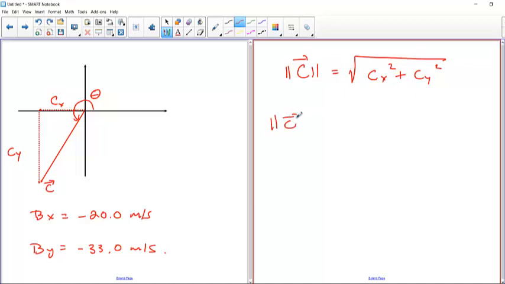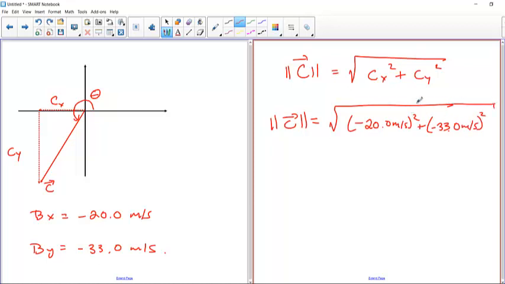So to find the magnitude of this vector, we just take the square root of the components. So you get negative 20 quantity squared plus C sub y, which is negative 33 meters per second, quantity squared. And because we're squaring it, we're going to get a positive quantity. You get the square root of positive 1300 meters squared per second squared.